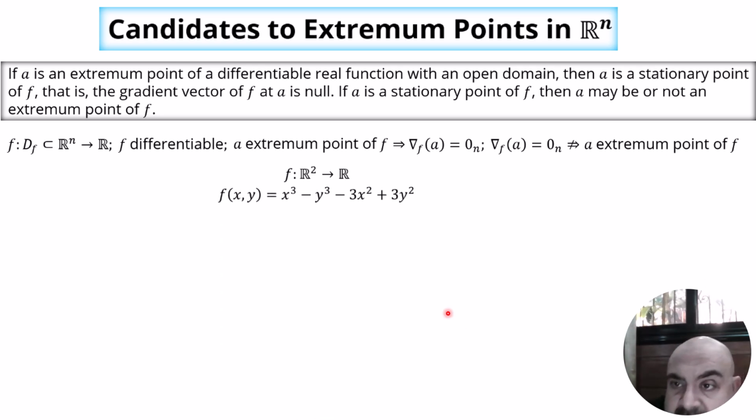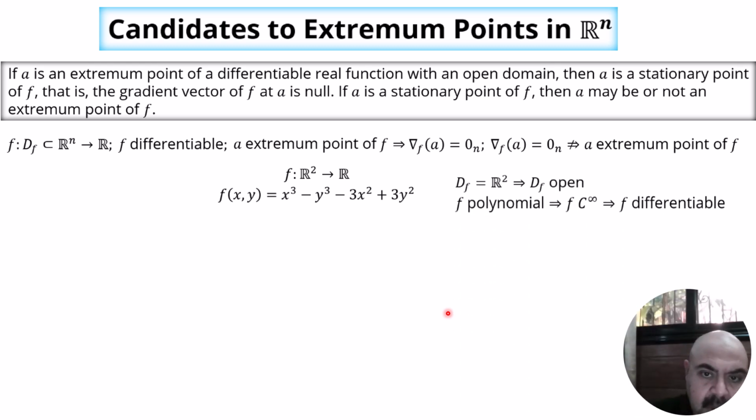Let's discuss the shape and the case of this function, which is of course a function from R2 mapping elements into R. And as you can see, we have x cubed minus y cubed minus 3x squared plus 3y squared. Okay, now we are moving from R2 into one dimension. F is a polynomial, so it's C infinity. You can differentiate it as much as you want till it disappears.